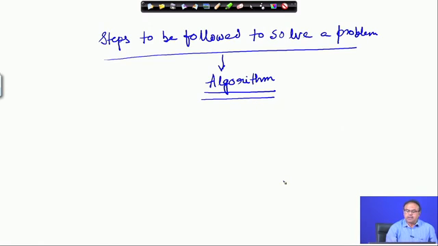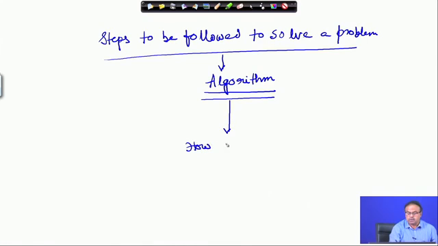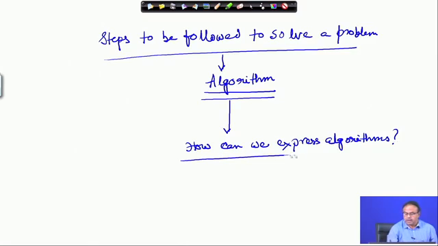In the next lecture, we will see how we can express these algorithms. How can we express algorithms? That is what we will do in the next module, next lecture.